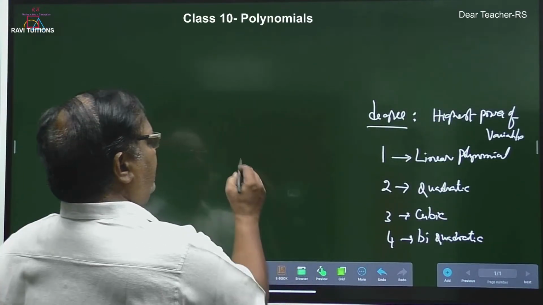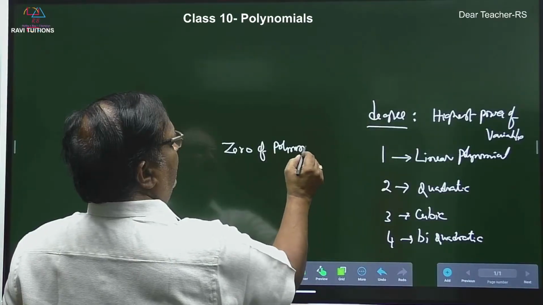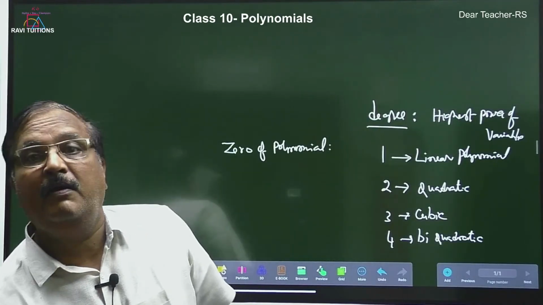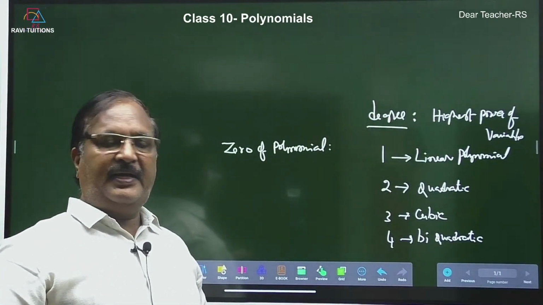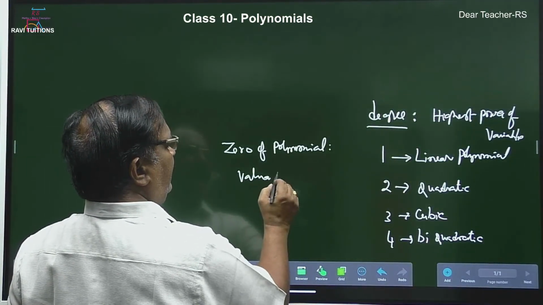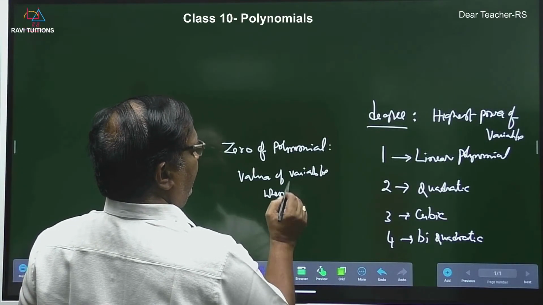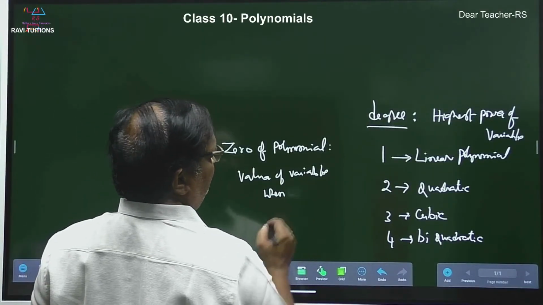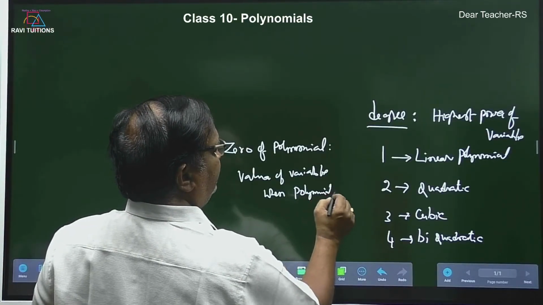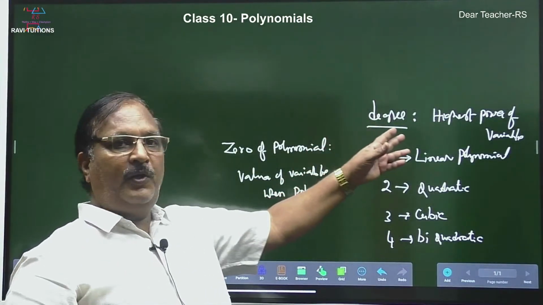Now we have zeros also, the zero of the polynomial. All these things you may get in MCQ questions. The zero of the polynomial is the value of the variable where the polynomial gets satisfied, that is, the value at which the polynomial is 0.